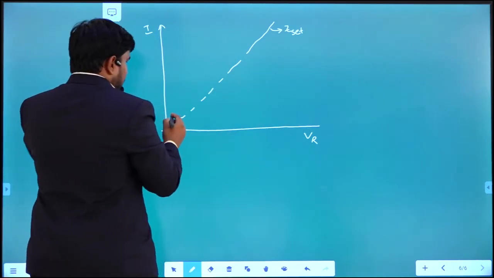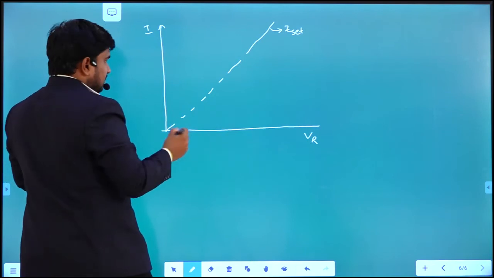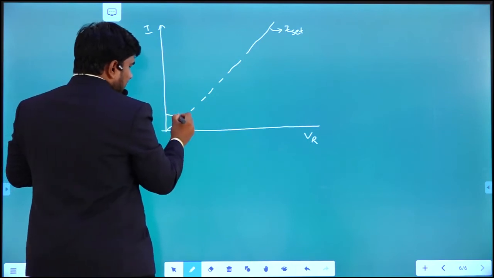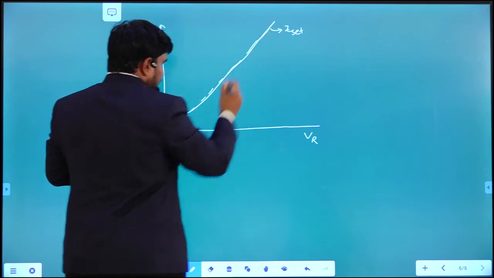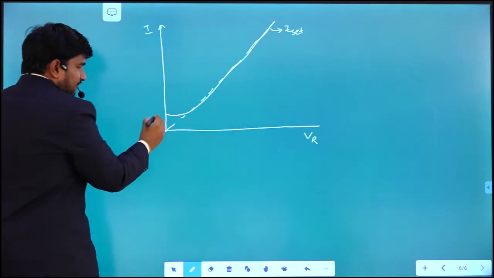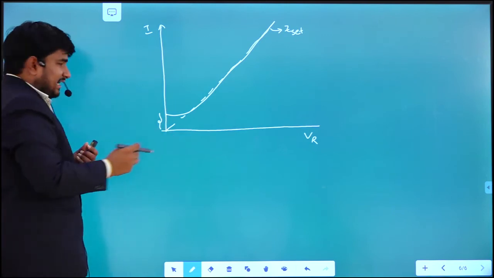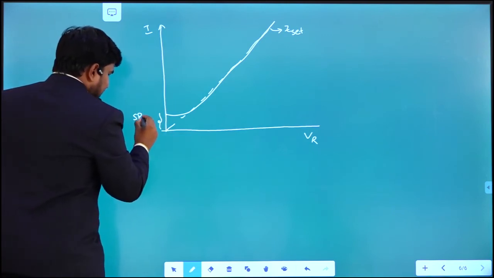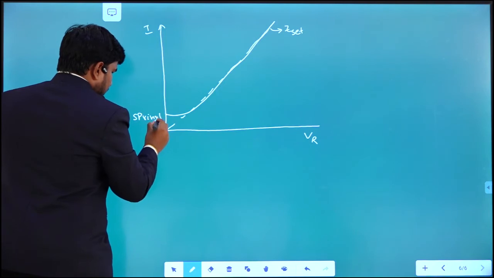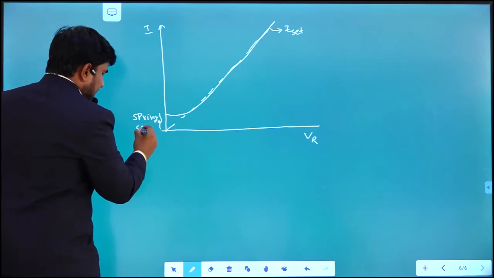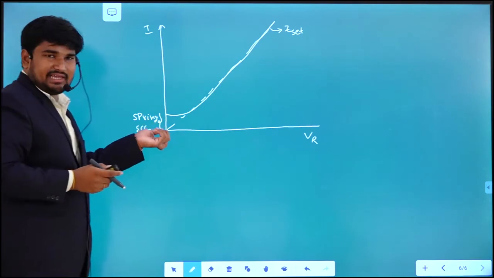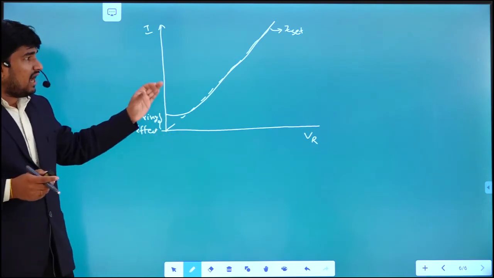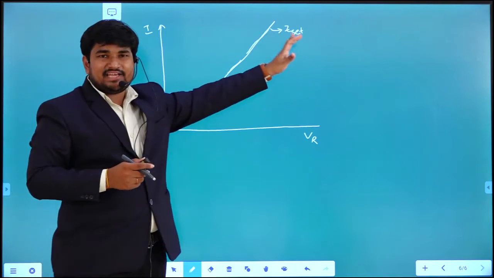So the effective characteristic will be like this. For low values of currents, the spring effect will be considered. That's why there is some slight variation in the case of lower currents, but after that it is linear only.